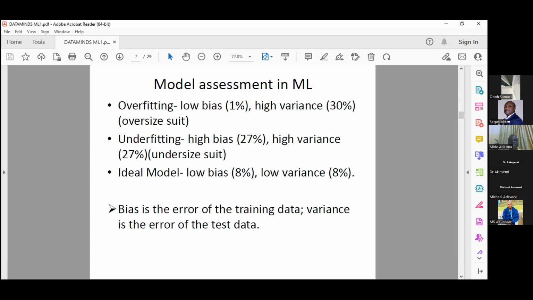Now that is the concept of overfitting. Underfitting, on the other hand, for your training set, you are going to have high bias and equally high variance. Now, our ideal model is low bias, low variance, as the case may be. Can I proceed, or does anyone have any question?